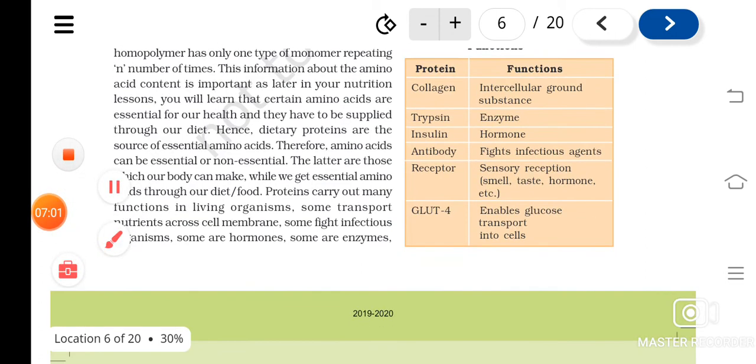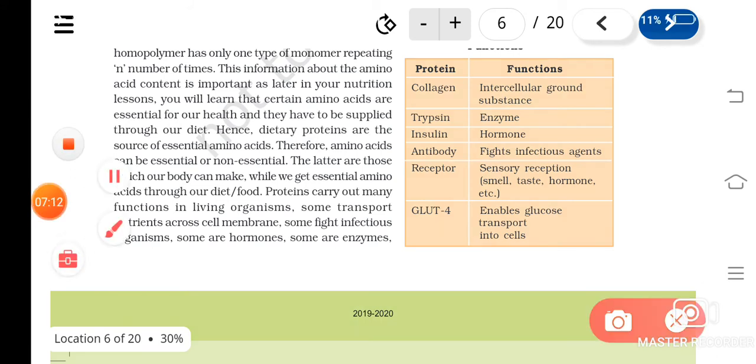Is it clear? In our body, some of the amino acids are essential and should be supplied through our diet. Dietary proteins, the proteins which we eat, are the source of essential amino acids. So amino acids can be essential or non-essential.